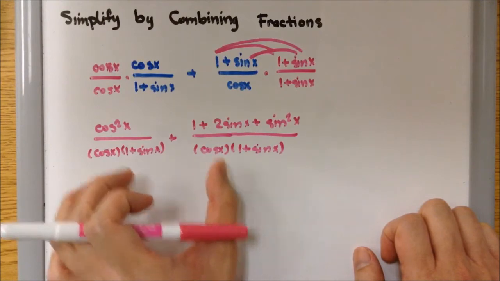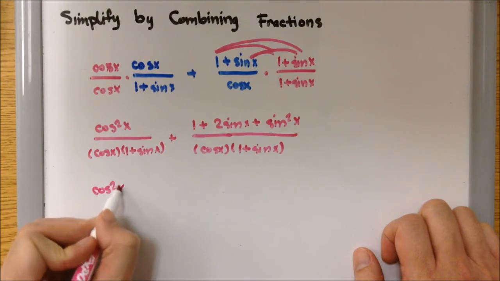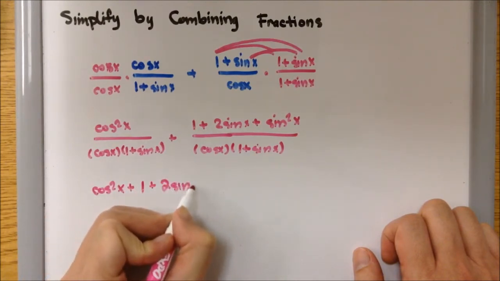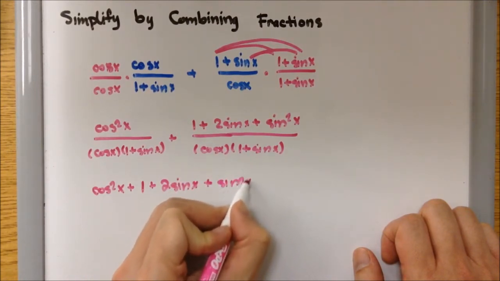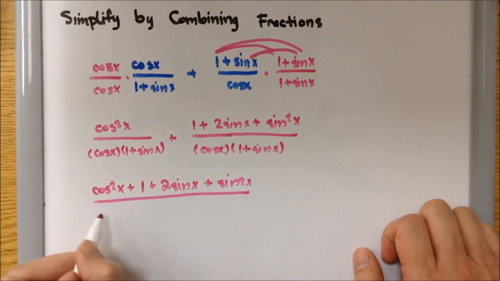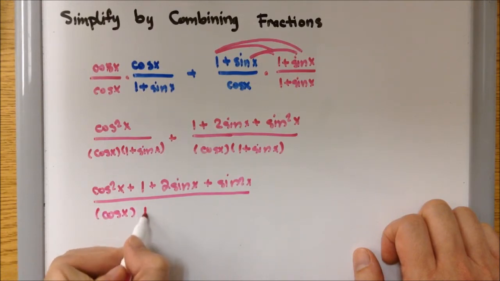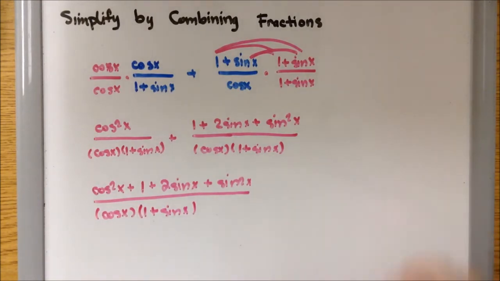Since they have the same denominator, we can combine the top. So it's simply going to be cosine squared x plus 1 plus 2 sine x plus sine squared x over cosine x times 1 plus sine x. Alright. So what I'm going to do here is check what I can do to simplify the top.